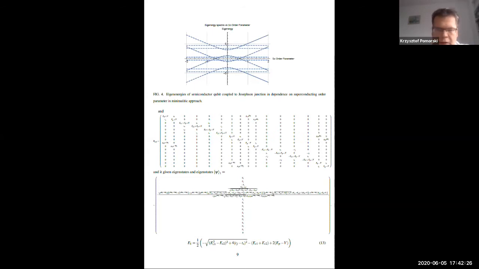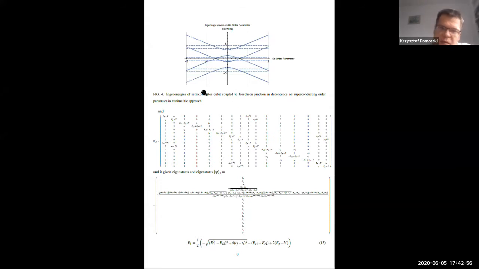Or you can simply change the temperature of your cryostat, and then this superconducting order parameter will diminish at higher temperatures. There are at least two ways, possibly more, but these are the first two that come to my mind. All right.